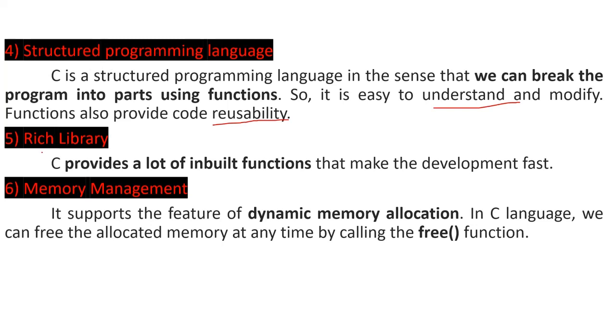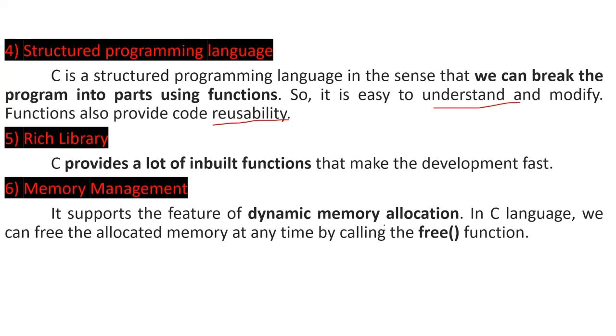Next, rich library. As we discussed earlier, it provides a lot of inbuilt functions that make development fast. C has 32 library functions. Next, sixth one is memory management. It supports the feature of dynamic memory allocation.